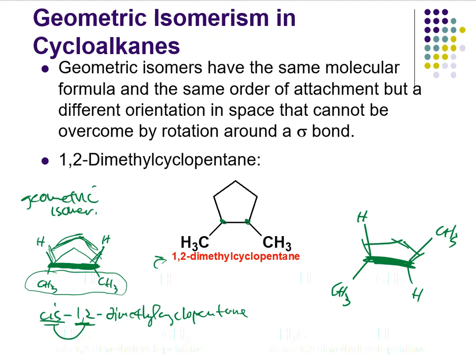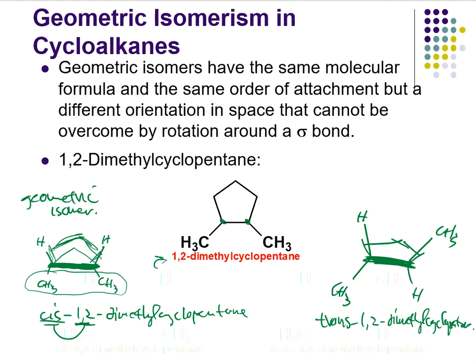They are pointed in opposite directions. Even though this is not a cyclohexane ring, it's a cyclopentane ring, it doesn't matter. They're pointed in opposite directions. So because of that, we're going to call this a trans-1,2-dimethyl cyclopentane. And that is how we write the name, the IUPAC name of that particular structure.